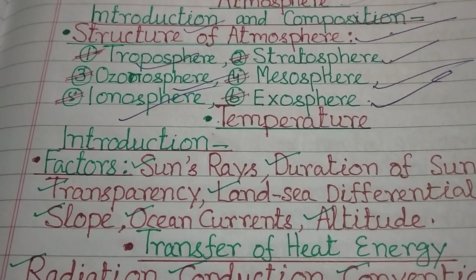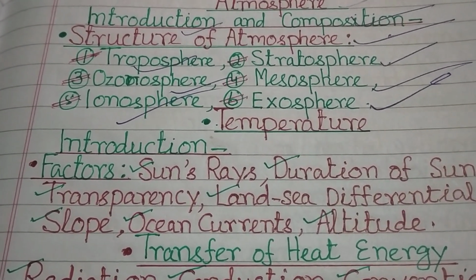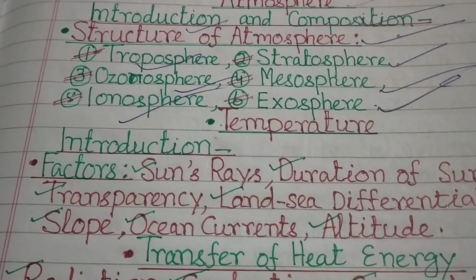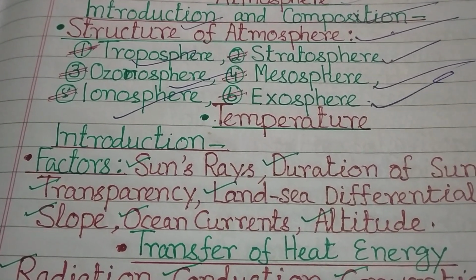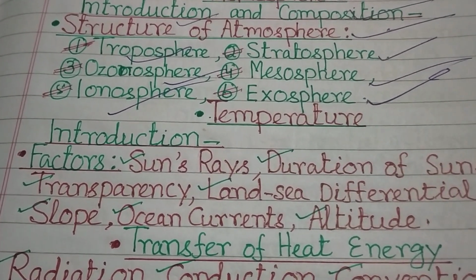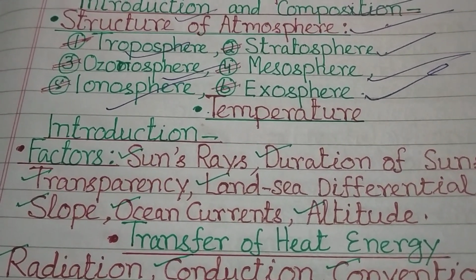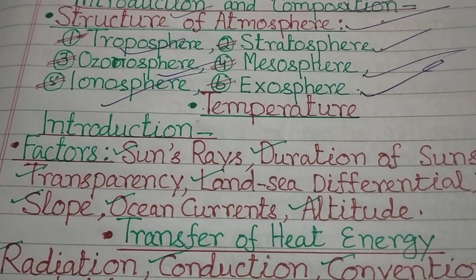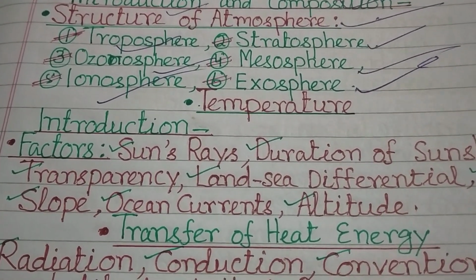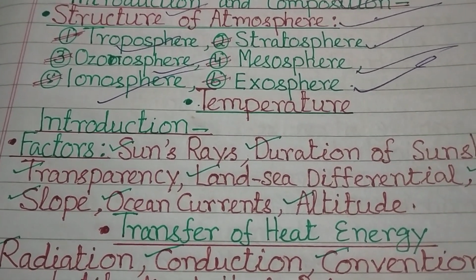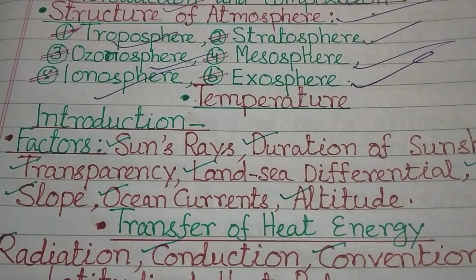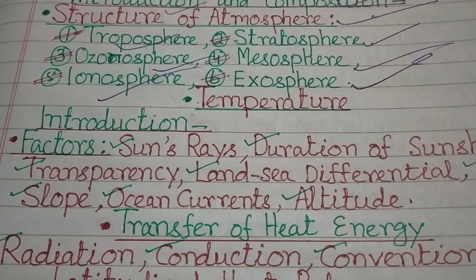Now we'll go to the third structure of the atmosphere, and that is the ozonosphere. It lies at an altitude between 30 kilometers and 60 kilometers from the Earth's surface and spans the stratosphere and mesosphere. Because of the presence of ozone molecules, this layer absorbs the harmful ultraviolet radiation.